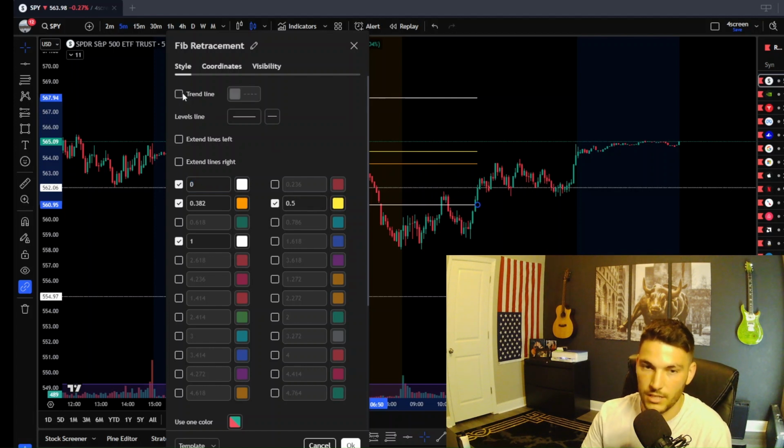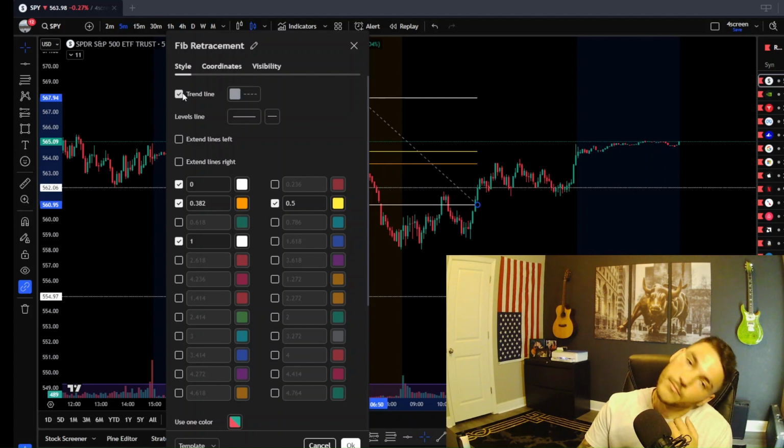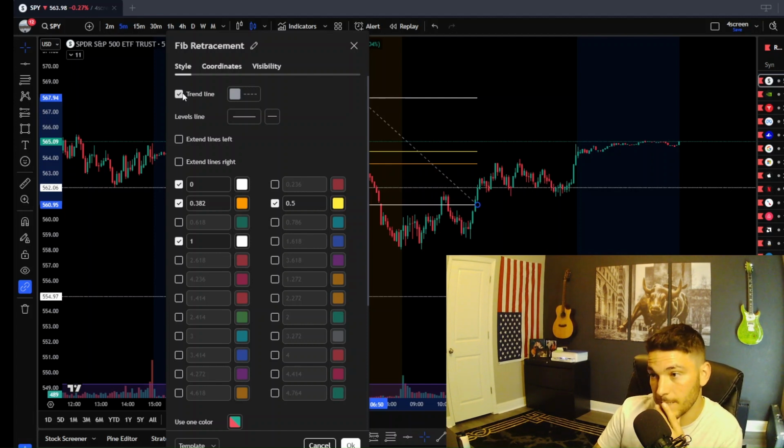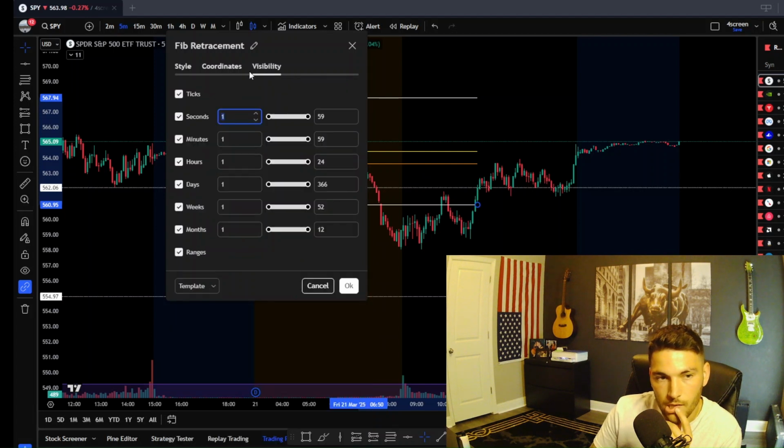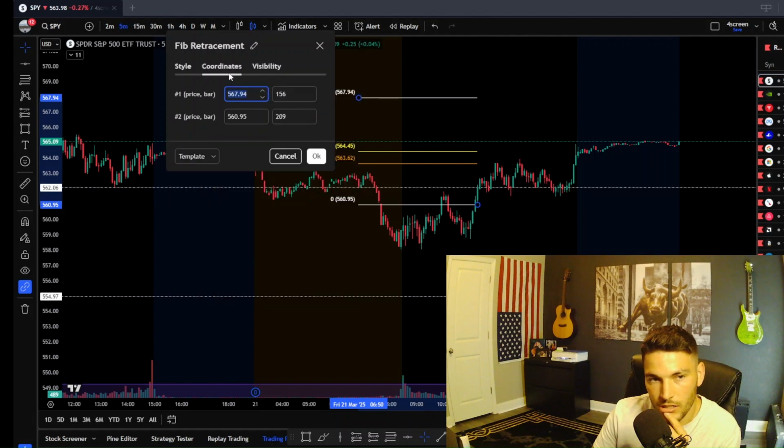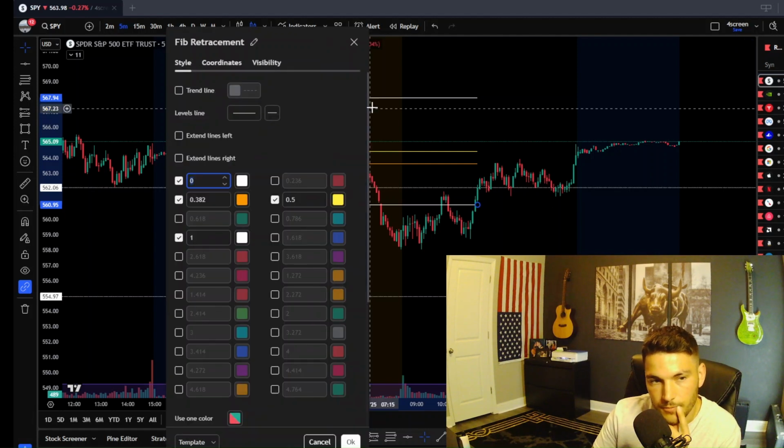It's just that middle line. But yeah, so it's up to you. Prices, levels, text. Make sure you guys get all that. Visibility, what time frame you want to see it on after you draw it. Yeah, that is your Fibonacci.